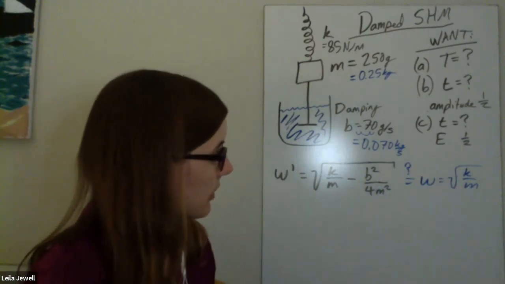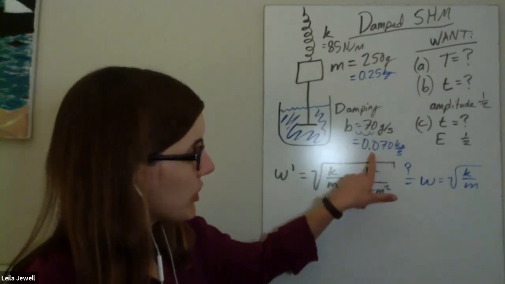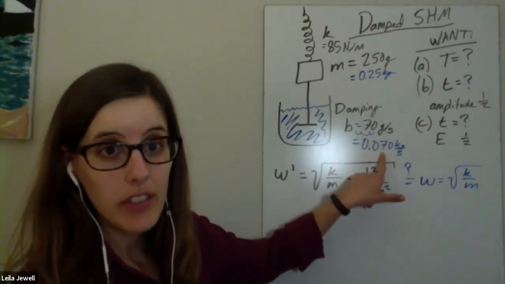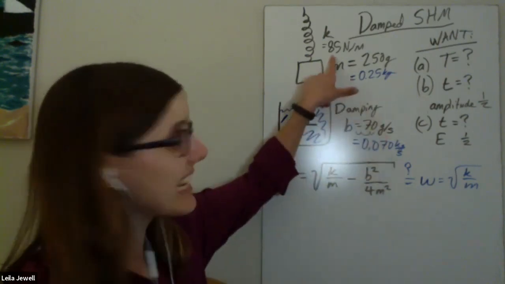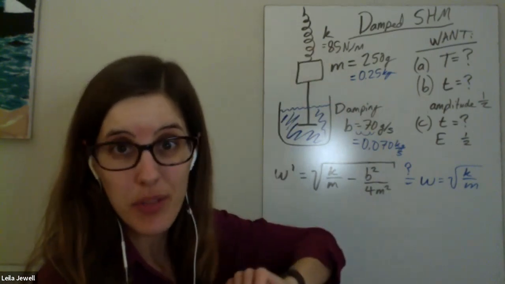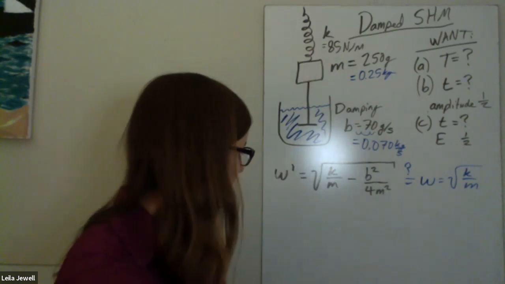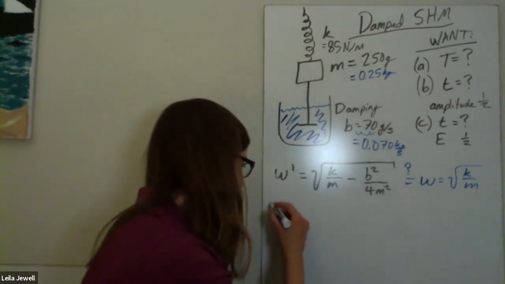At a glance, looking at it, b is very small at 0.07 compared to k at 85. So my guess is that this is going to be one that's small enough. But it doesn't hurt to plug and chug. So we'll do the full equation first.